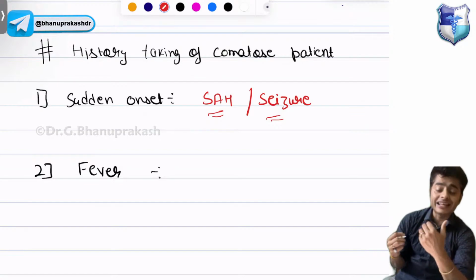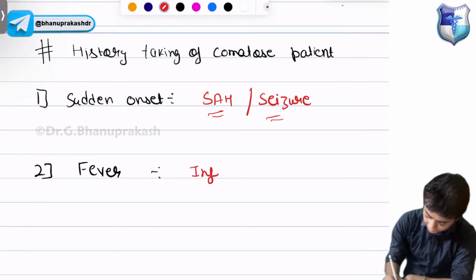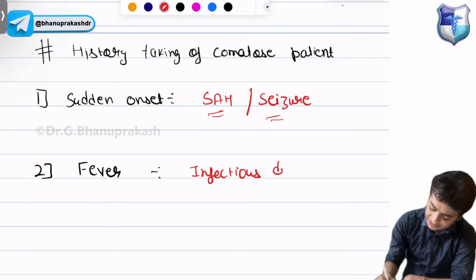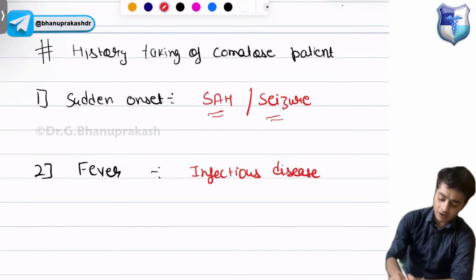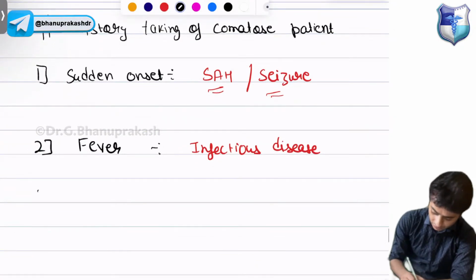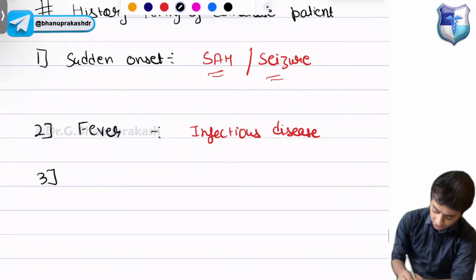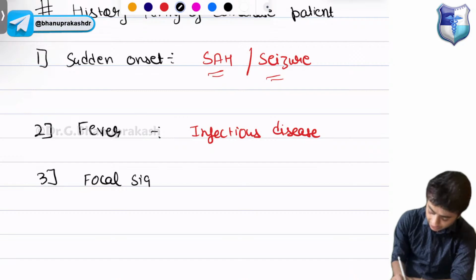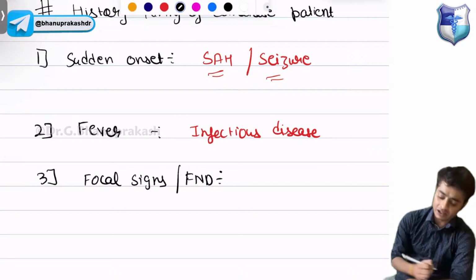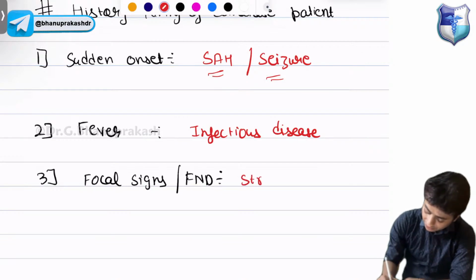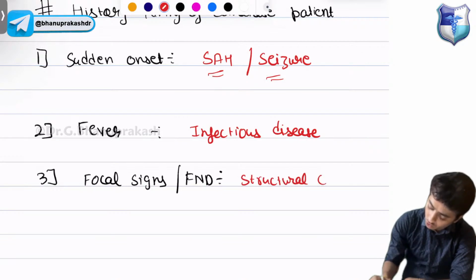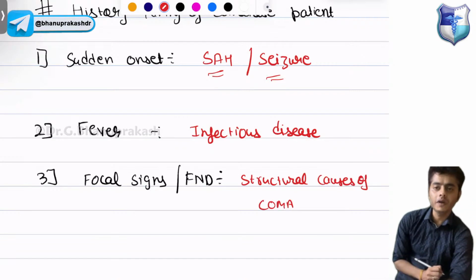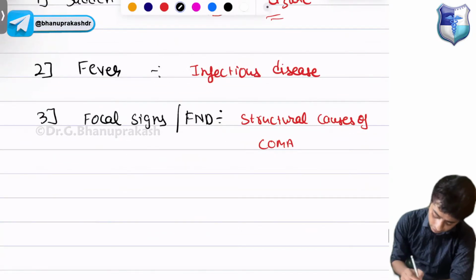You will suspect meningitis, encephalitis, or any infectious disease. Third, if any focal signs or focal neurological deficit are present, then you will suspect structural causes of coma.